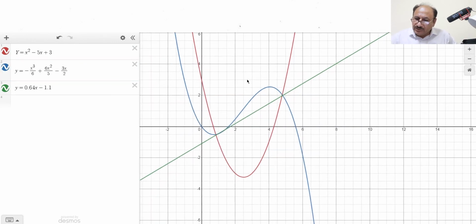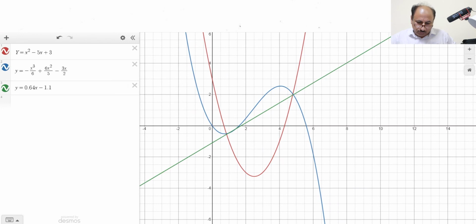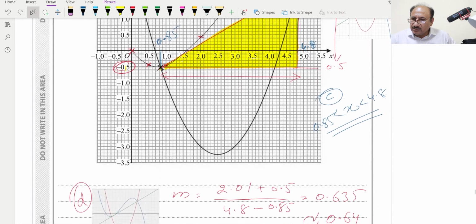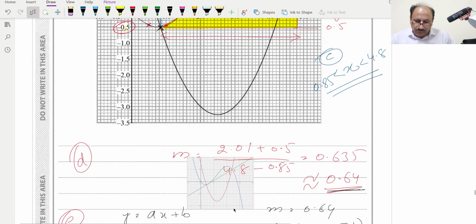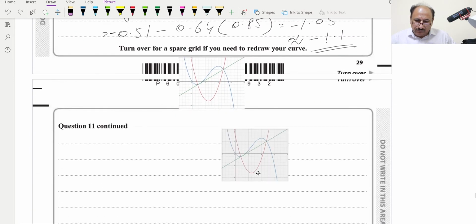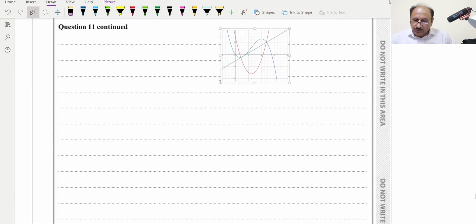I have taken a picture of this graph also and inserted it over here. I will show you this picture; it's a similar picture to the one we have plotted.